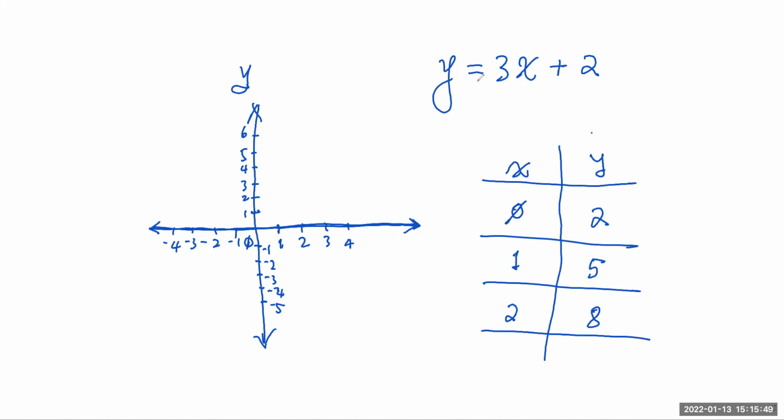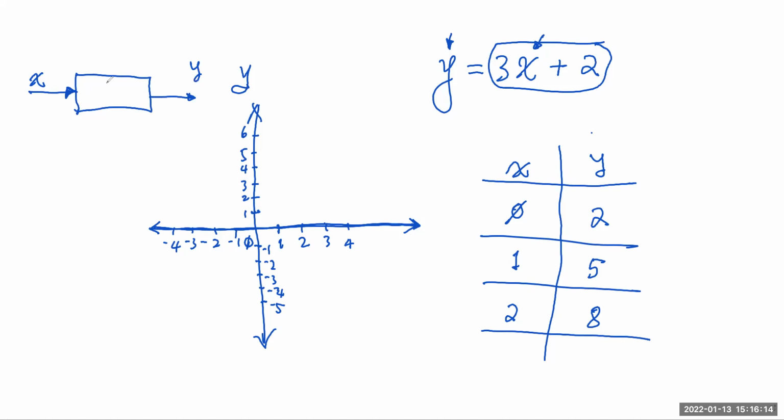So that's what a function means: when you know x, you can find the y, right? So basically this one tells you how to get y. And there's another form of representing a function, which is a box. We got input, which is our x, and we got output, which is our y. It's kind of like a vending machine: you have input, output, and what's inside tells you the function.